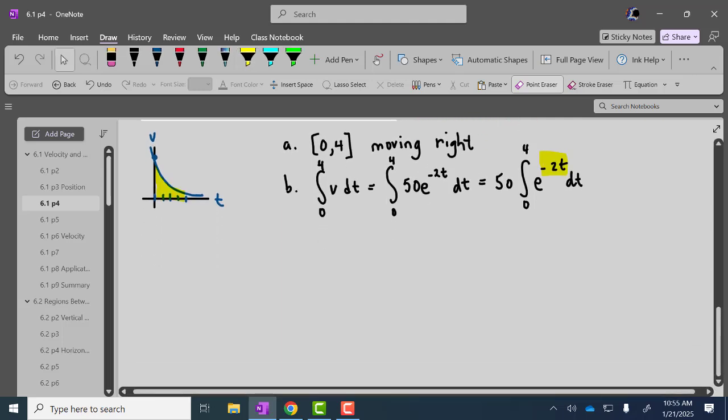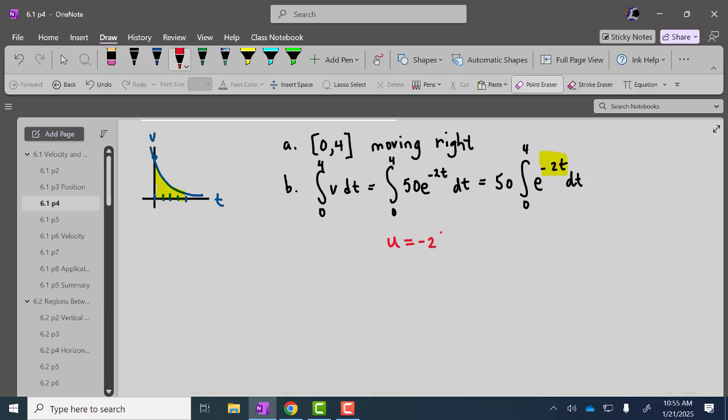And substitution just changes the variable. So we're going to say, hey, let's let u equal negative 2t. In other words, we want to get rid of all the t's and turn them into u's. So you should have done this thing where you take the derivative of both sides down here, and you write it like that.